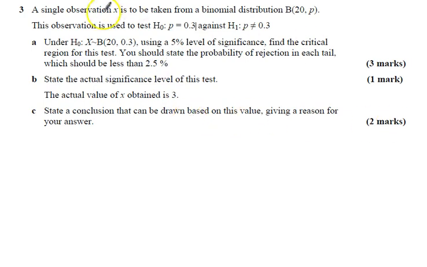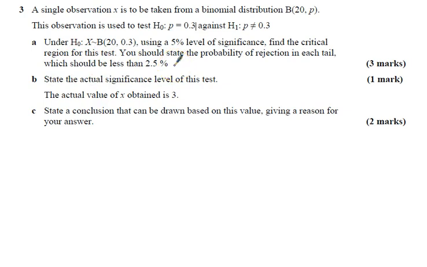Now what's interesting is that in examples we looked at in the textbook, it said when it's two-tailed, you round, you go for whichever is nearest to 2.5%. It didn't do that for the one tail, it was a strict cutoff. But in this case, it says you should state the probability of rejection in each tail, which should be less than 2.5%.